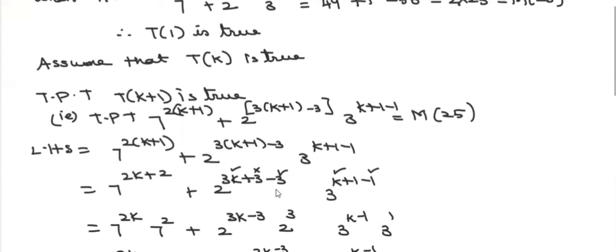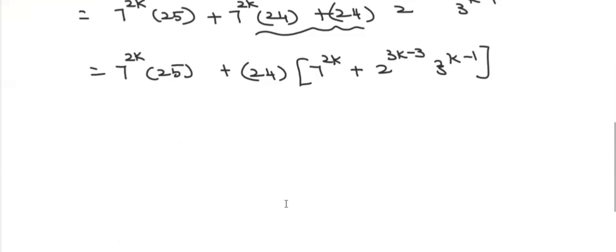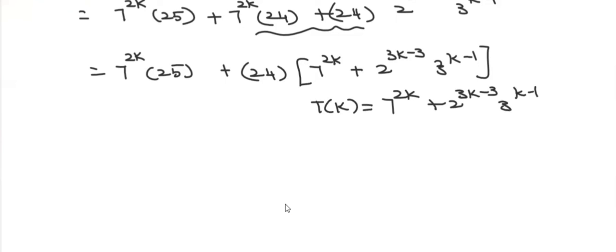Obviously, according to our assumption that Tk is true, the condition is that Tk, which is 7^(2k) + 2^(3k-3)·3^(k-1), is divisible by 25. Use this condition in the second bracket.